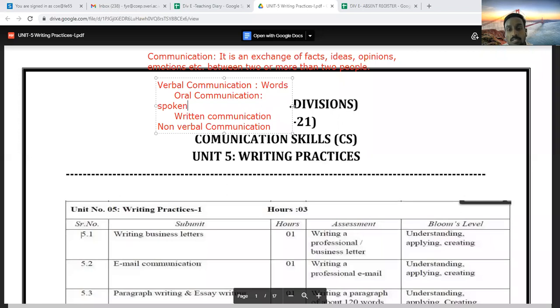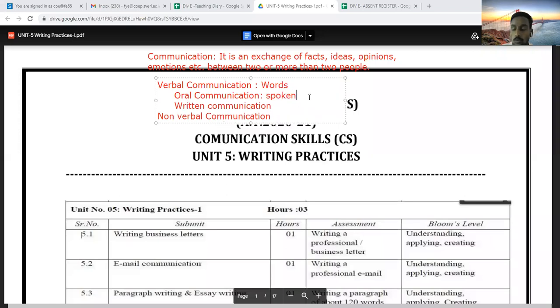Our unit number 3 was oral communication. In unit 3, there was 3.1, which was about situational conversations, where you are expected to think of a situation and talk. So that was oral communication, where people use words by speaking. Similarly, written communication is where we use words in written format.